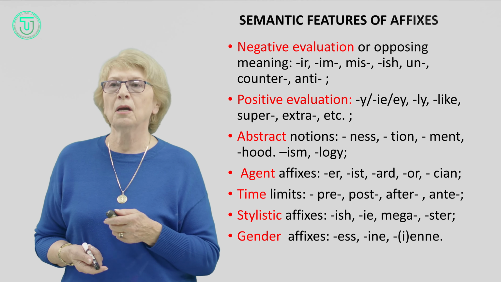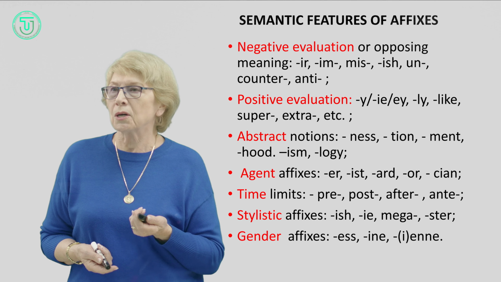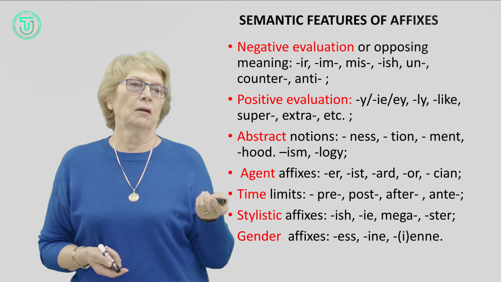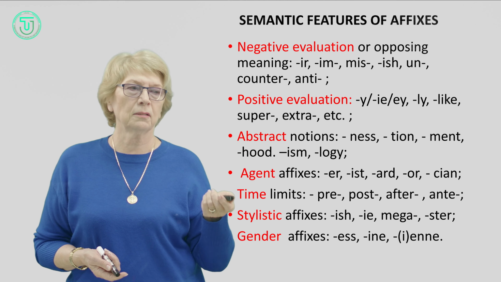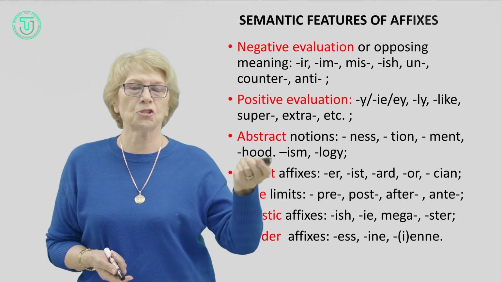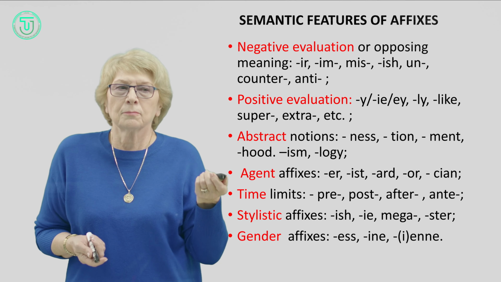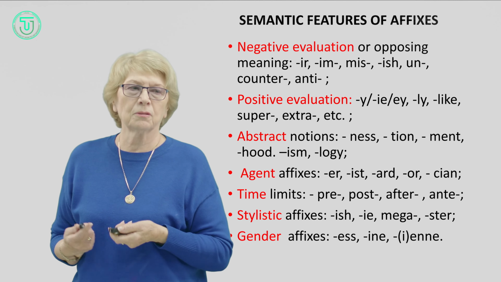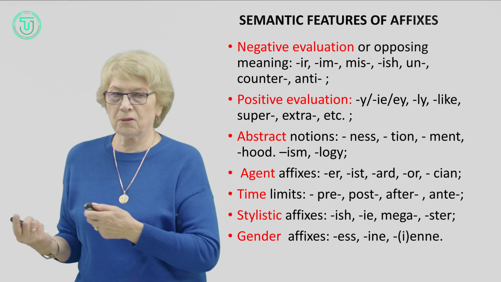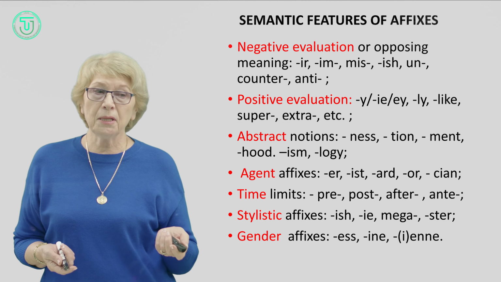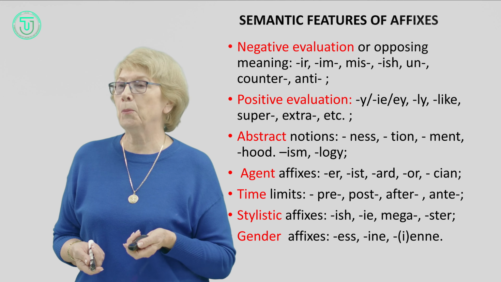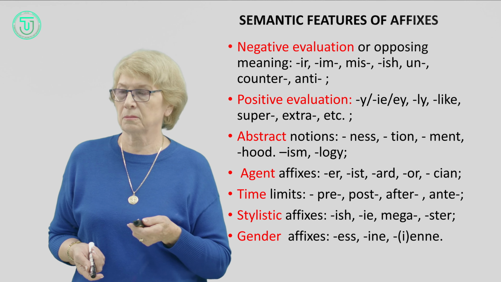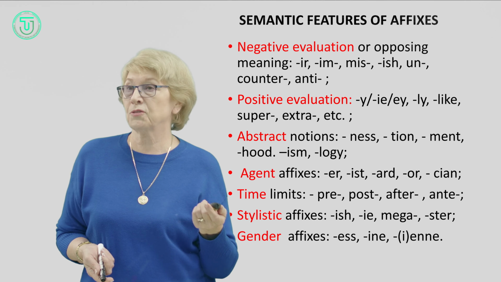Agent affixes describe the doer of the action. So, teacher, pianist, drunkard, editor, musician. So, all of them are affixes which express the meaning of agent or doer of the action. Okay? So, time limits. Yeah, there's a number of prefixes. Most of them are, and the affixes also afterwards.